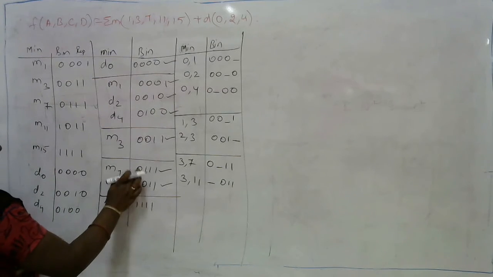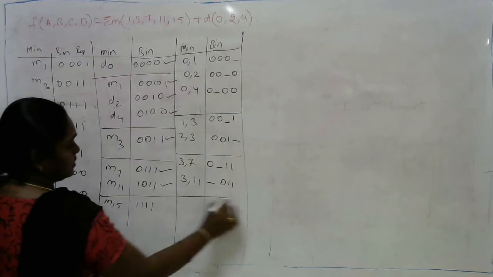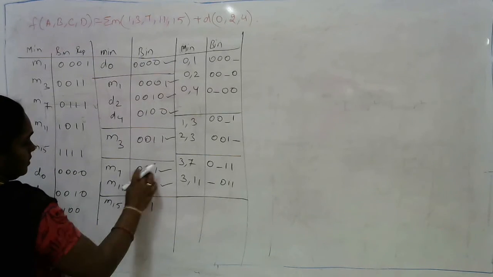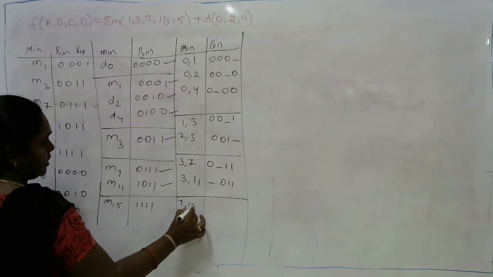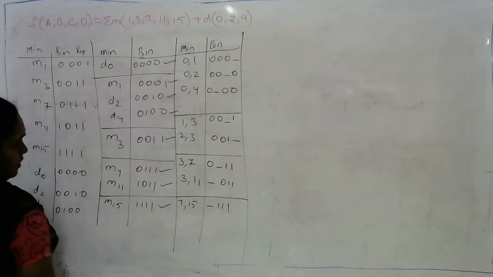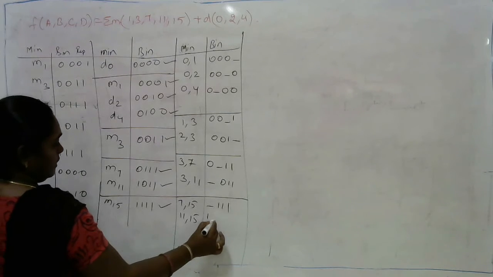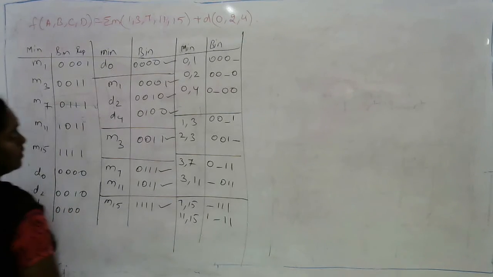Compare the fourth partition with the fifth one, so this is completed, keep a line. 7 with 15, as it is change in a single bit position, blank followed by triple 1. And similarly 11 comma 15, 1 dash 1 1.